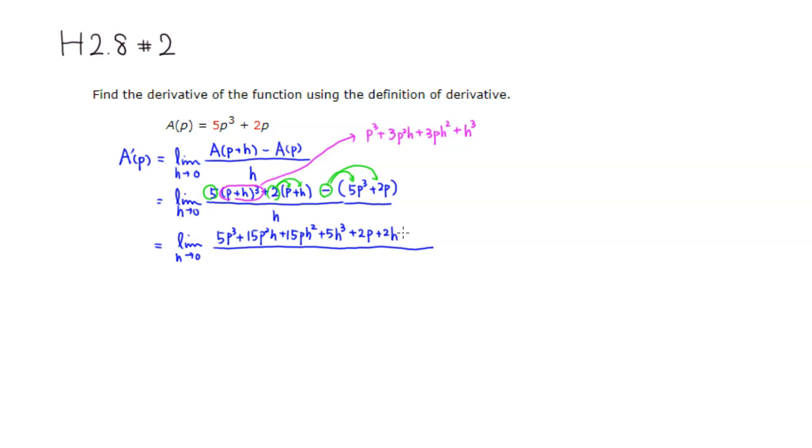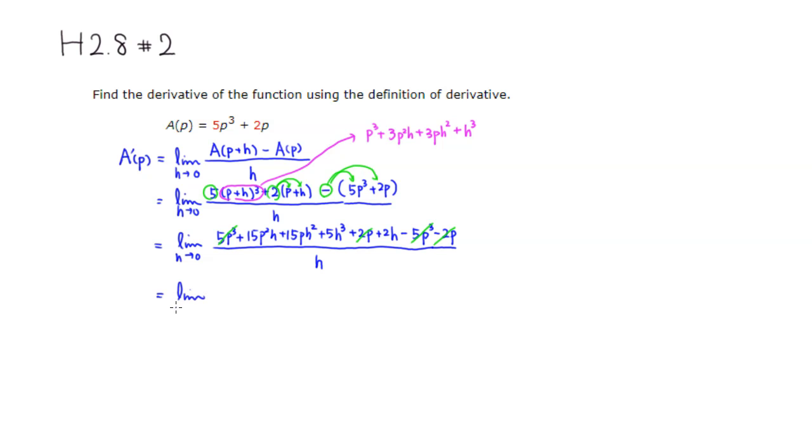So you're going to have a minus 5p cubed minus 2p, and all over h. Let's see if we can cancel anything out. You see that the 5p cubed minus 5p cubed, and we have 2p minus 2p. So we can cancel those out.